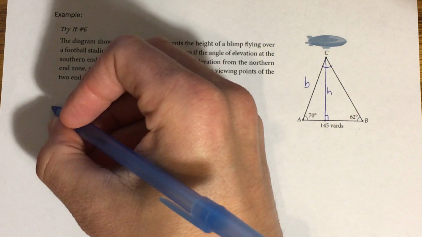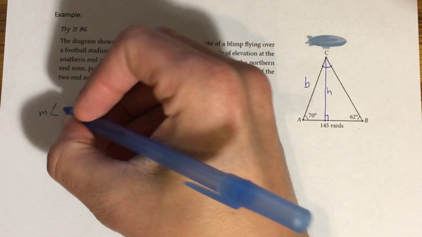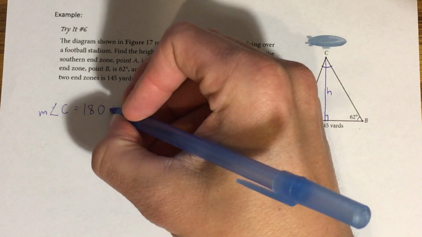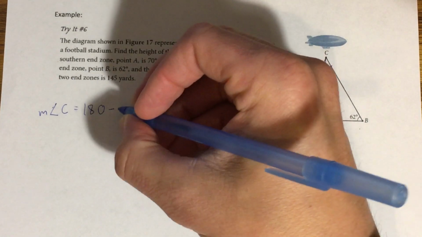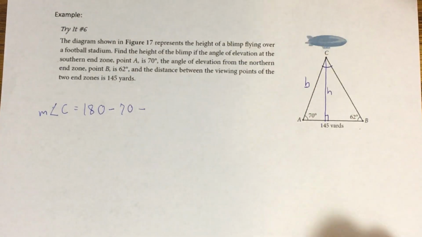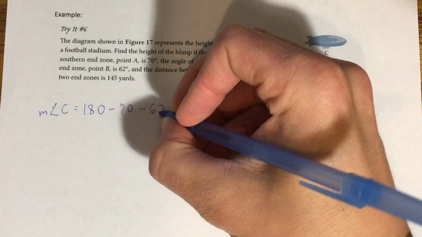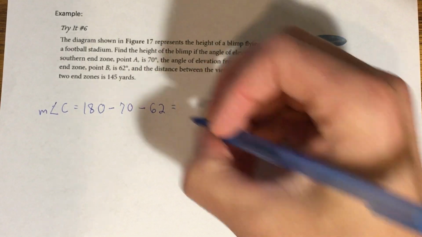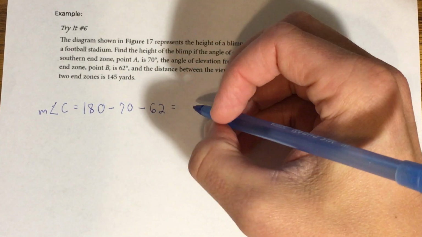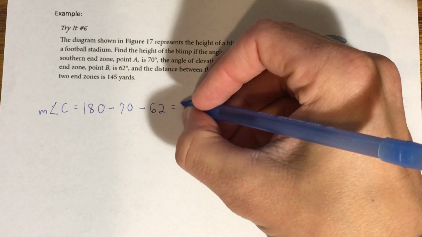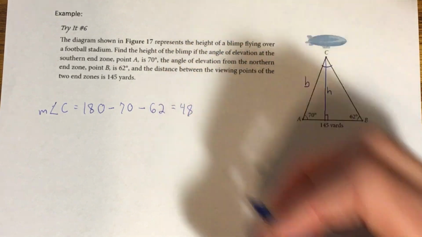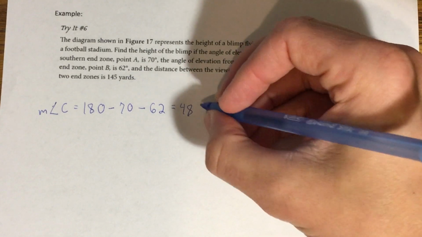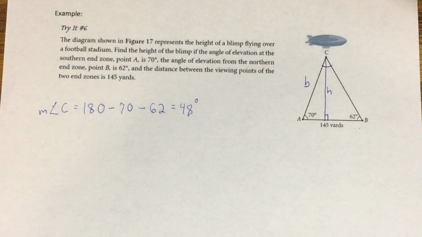So angle C, or the measure of angle C, is equal to 180 minus 70 minus 62. Excuse me. So let's see, what would that equal? That's going to be, is that 48? Yeah, 48. So we know that angle C is 48 degrees.